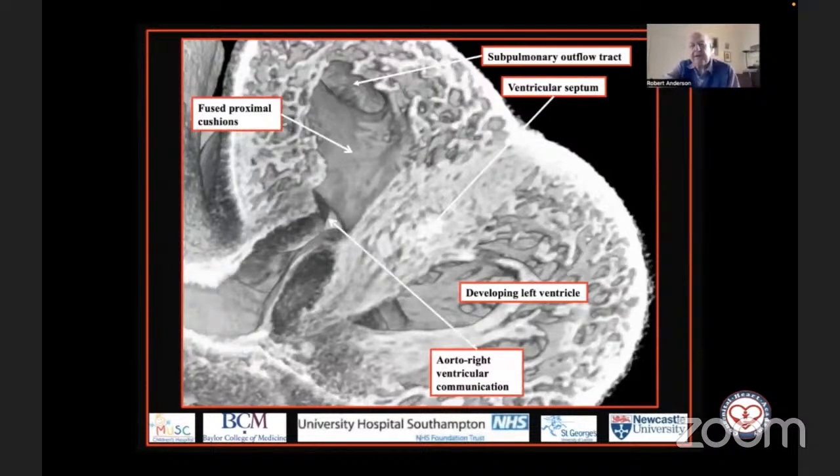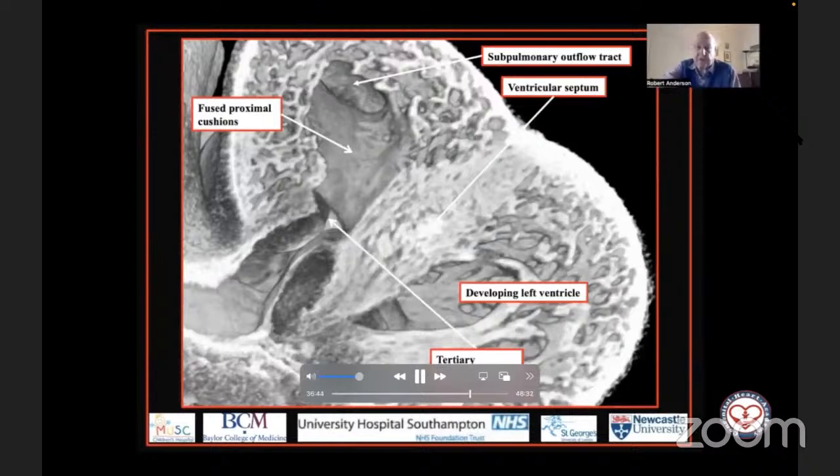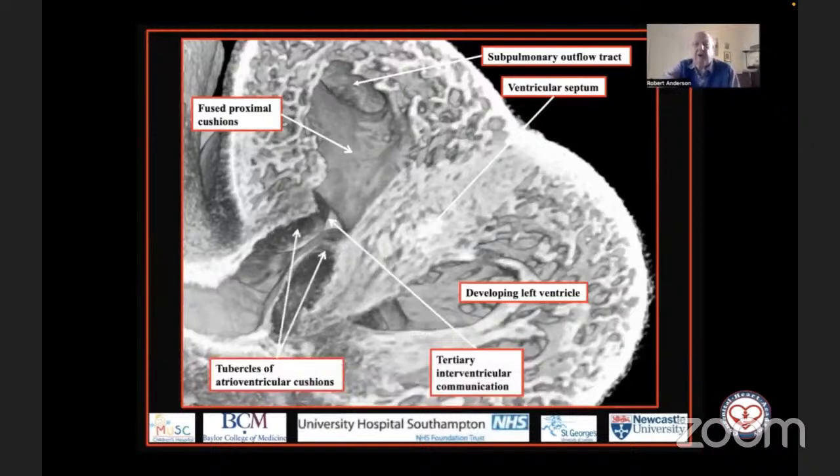And there you see that aorto-right ventricular communication. But once it's closed, it will complete ventricular septation. So we can also call this the tertiary interventricular communication. And it is closed by these tubercles of the atrioventricular cushions.